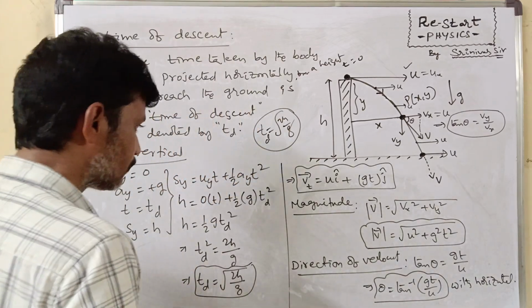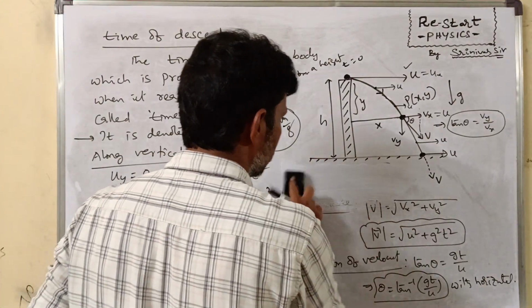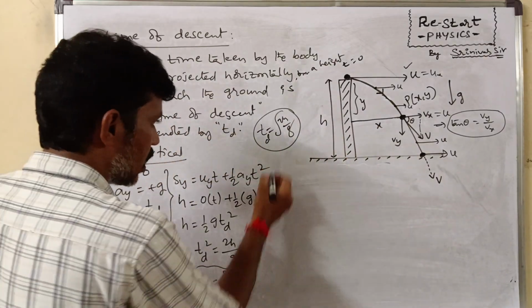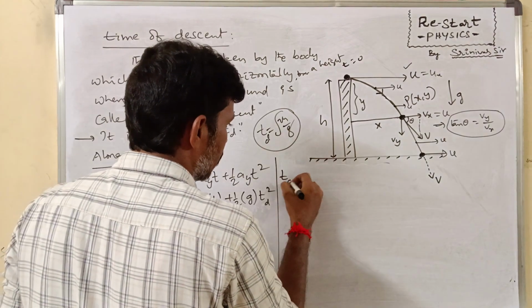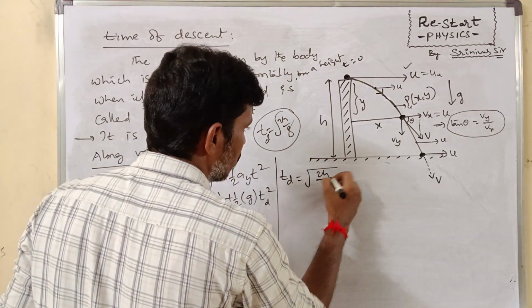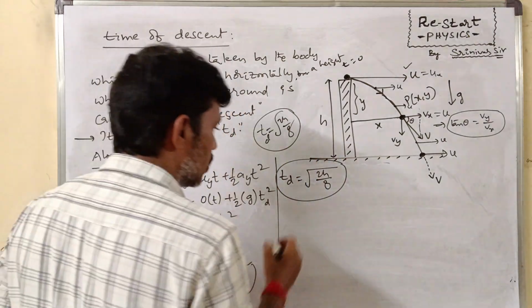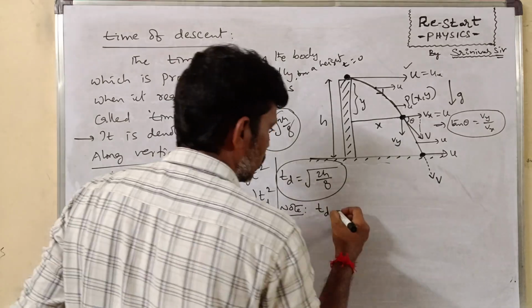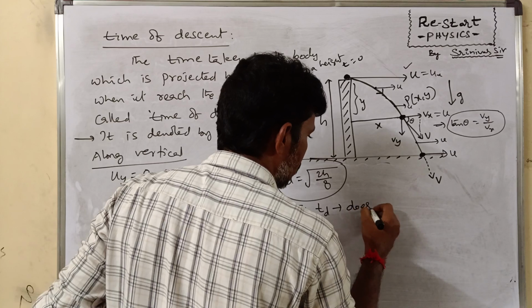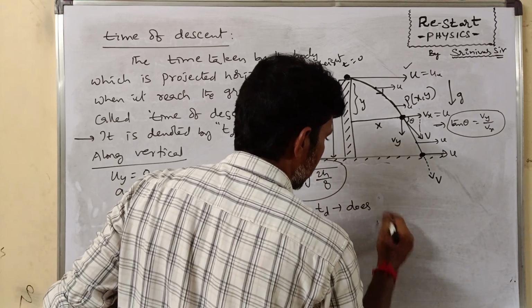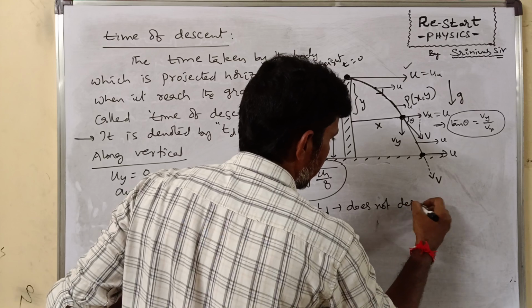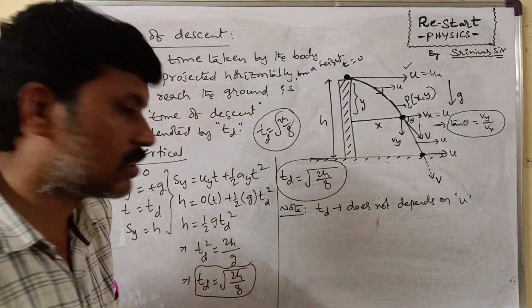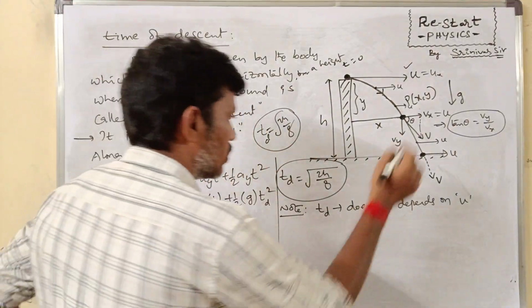Clear? So we can write one more point. Time of descent is equal to root of 2h by g. Note: time of descent does not depend on initial velocity u.